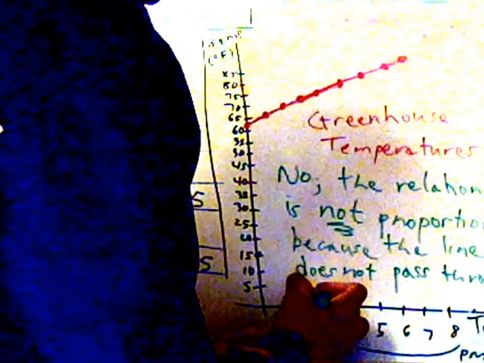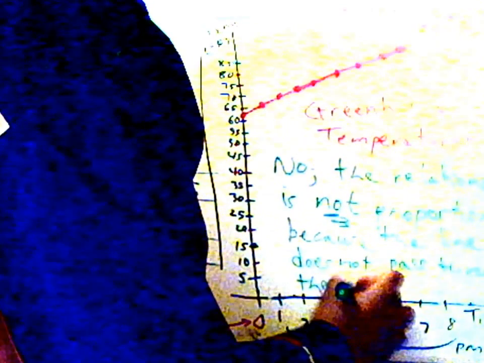So the origin is down here and the line is up here.